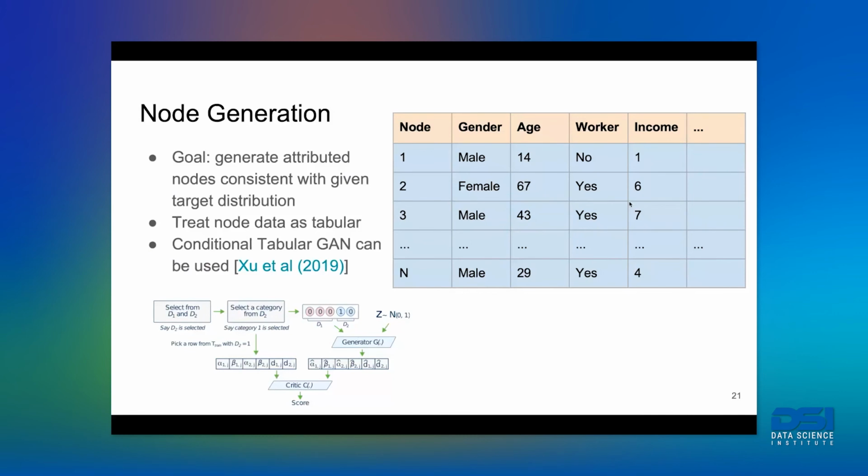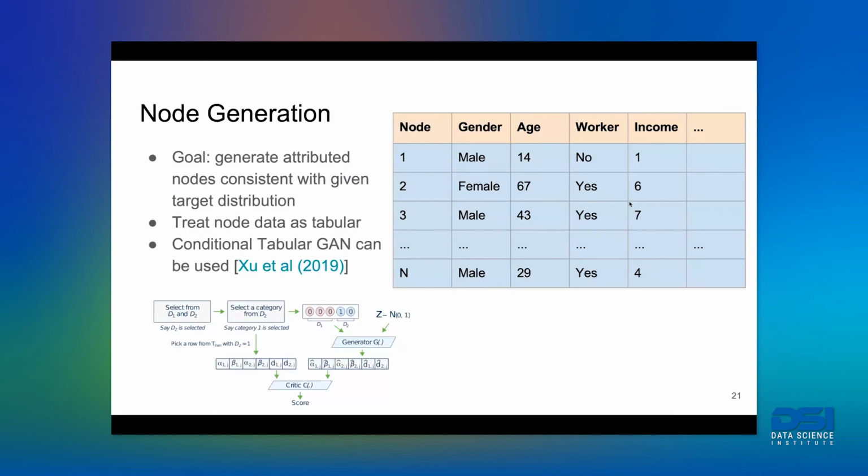I think the most common are people's faces. But it's true that very similar algorithms can be used to generate the data that is relevant for this problem, which is essentially a table of people, and every row in this table contains the demographic attributes we have, like their gender, their age, whether or not they're employed, and so on. So it's not quite the same problem as a GAN is typically used to solve.